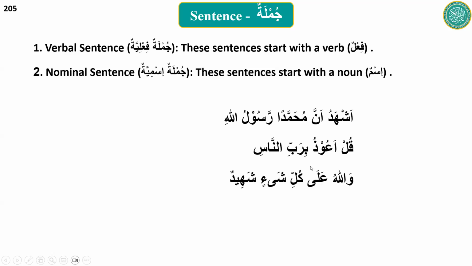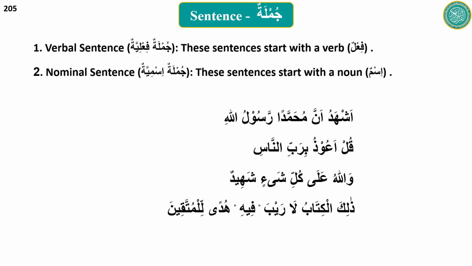Ayan. Assalamu alaikum. Wa alaikum assalam. Next sentence. Qul a'udhu bi rabbin nas. This is jumla fi'liya because of Qul. Qul is what? Is it a fail? It's a fail.